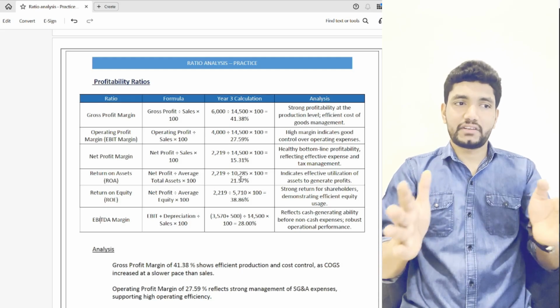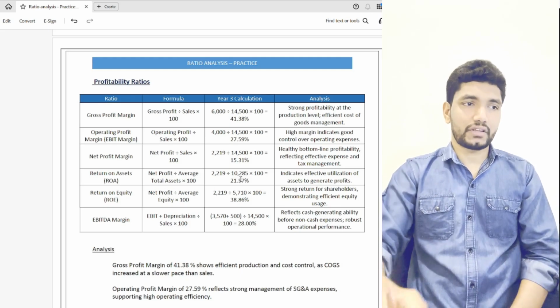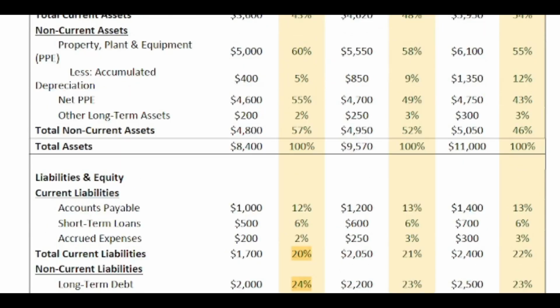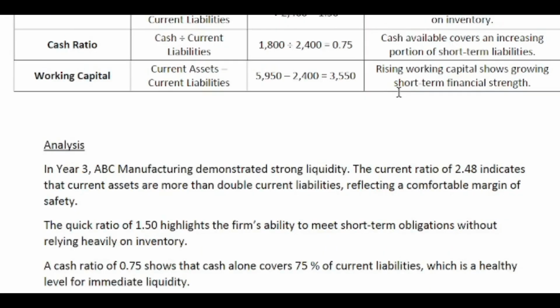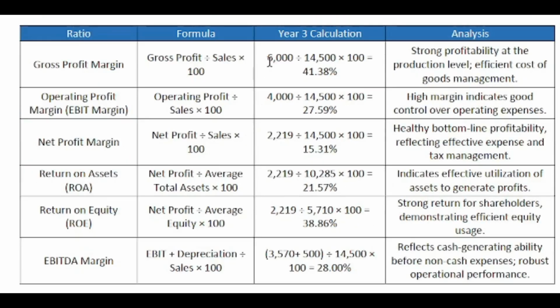You can see the total asset for the current year is 11,000 and for the previous year is 9,570. So you average these two values, which means 10,285. So the return on asset here is 21.5%.